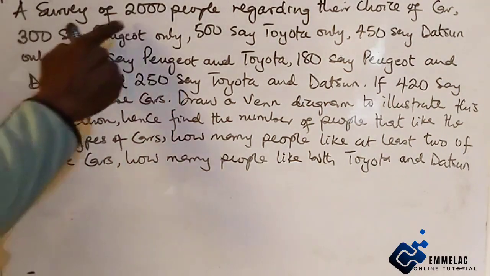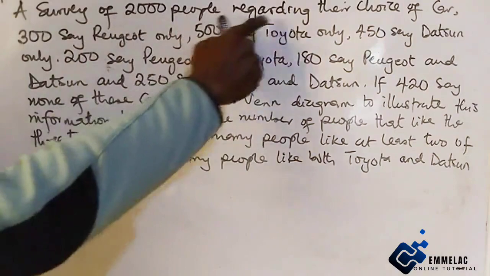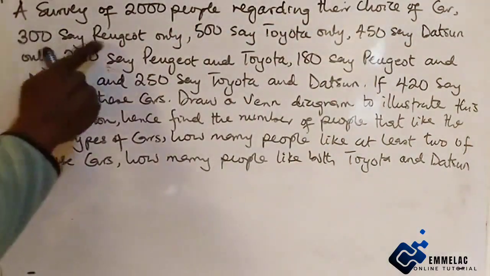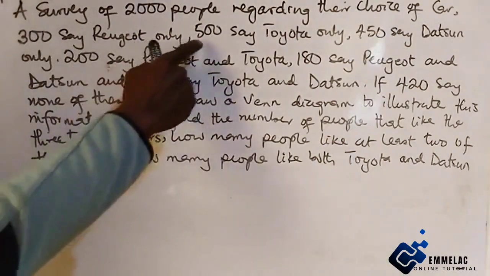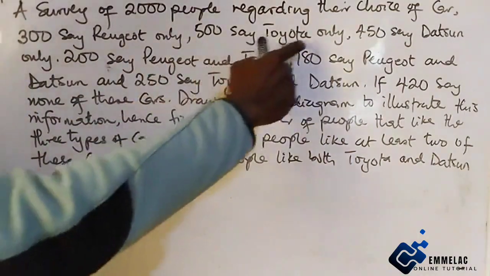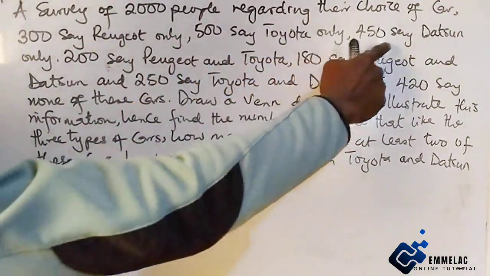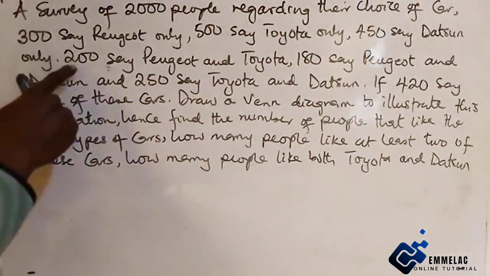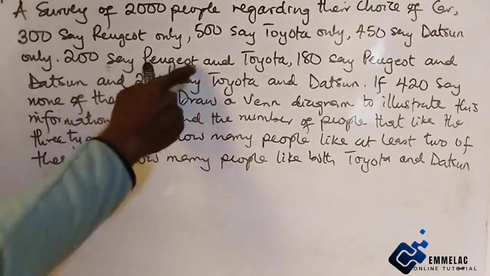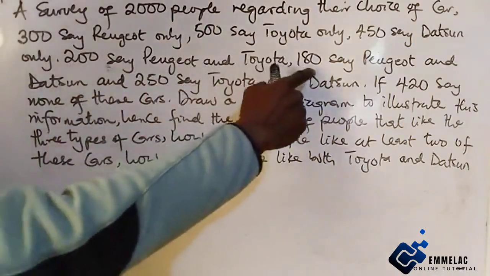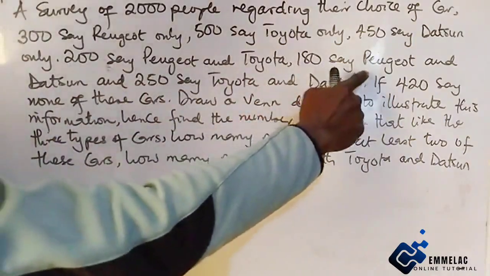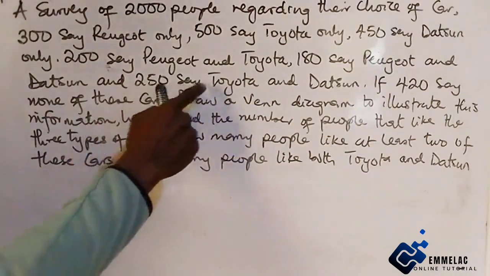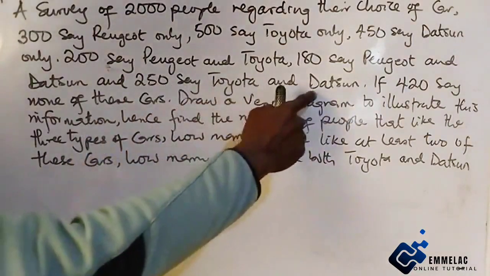It says a survey of 2,000 people regarding their choice of cars. 300 say Peugeot only, 500 say Toyota only, 450 say Datsun only, 200 say Peugeot and Toyota, 180 say Peugeot and Datsun, and 250 say Toyota and Datsun.